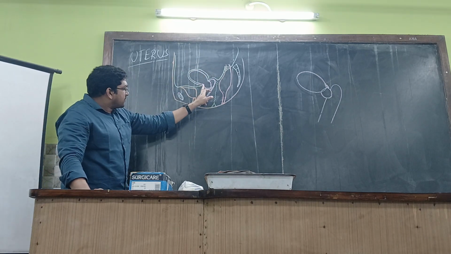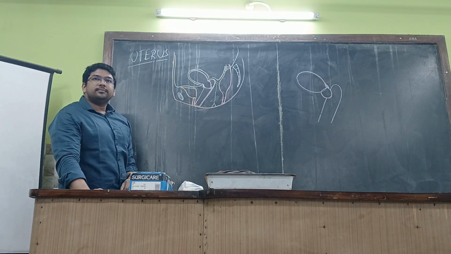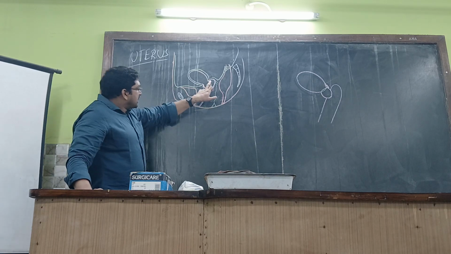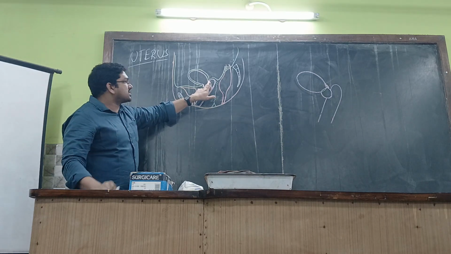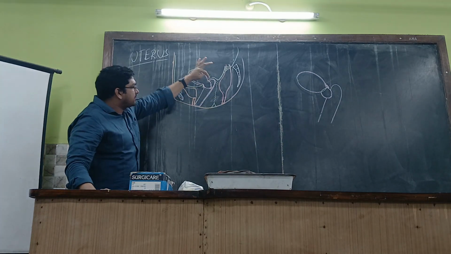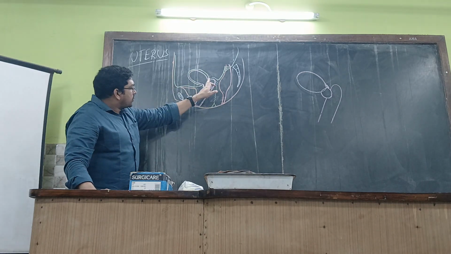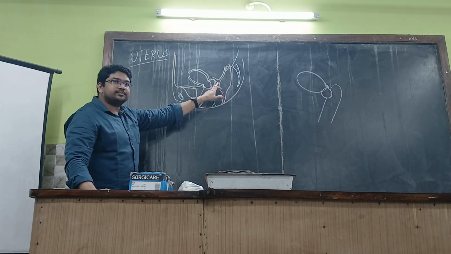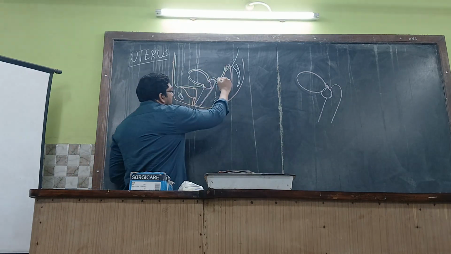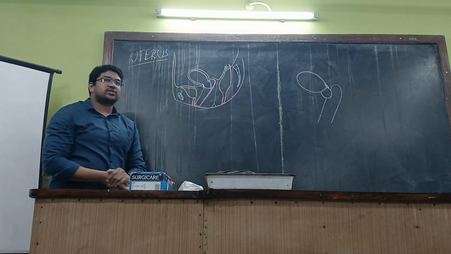Okay, anterior surface is not at all covered by the peritoneum, but the posterior surface of the supravaginal part of the cervix is covered by the peritoneum, along with the vagina. Get it? From there it will be reflecting over the anterior surface of the rectum.